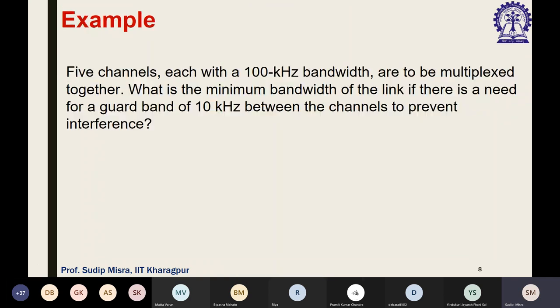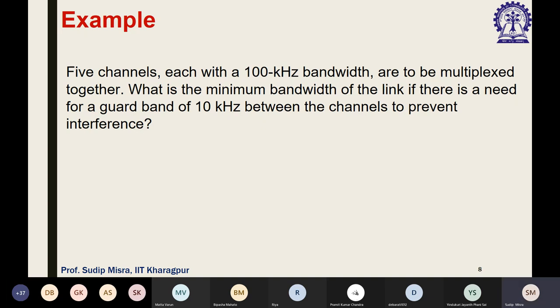Now let us work on a particular problem which will help clear your understanding. Please look at this problem. I'm going to call names shortly and you will have to give me the answer, so have a paper and pen handy. It is a very simple problem to help you understand frequency division multiplexing.